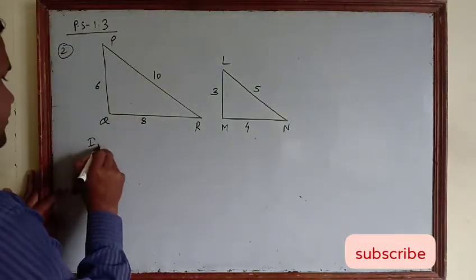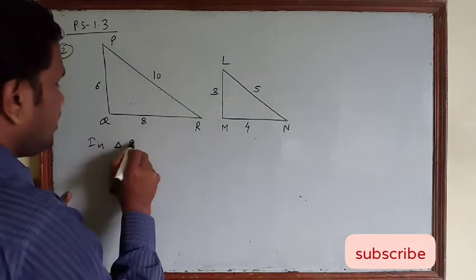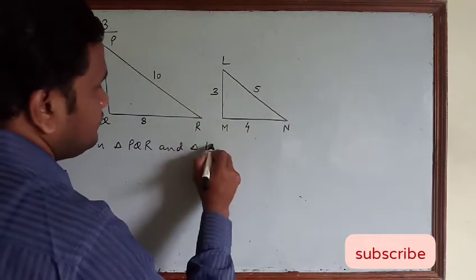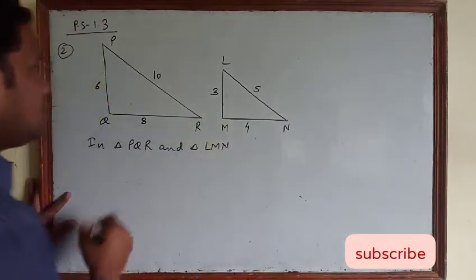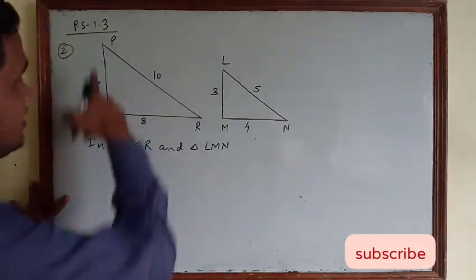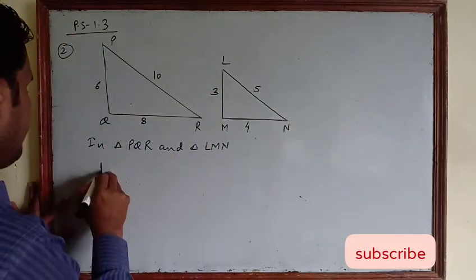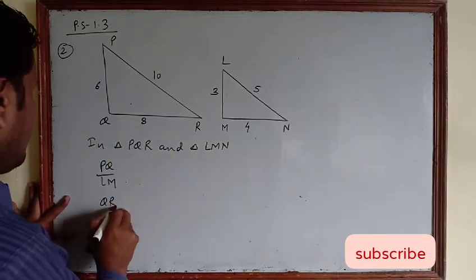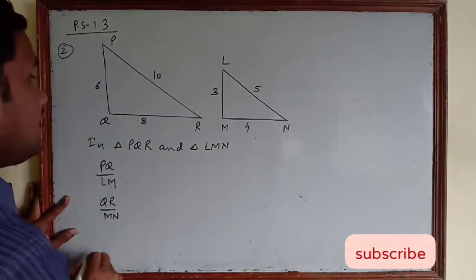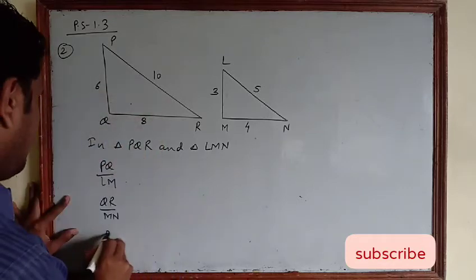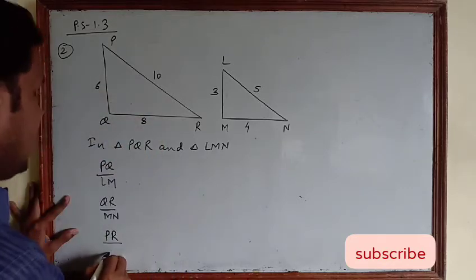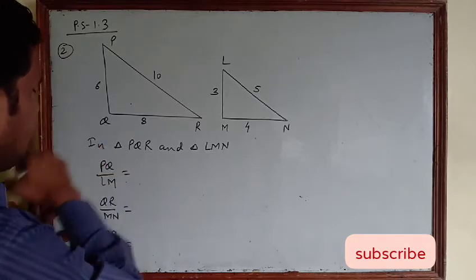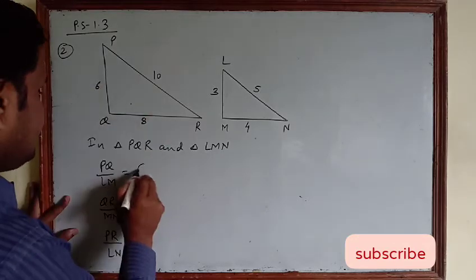In triangle PQR and triangle LMN, let us take the ratio of corresponding sides: PQ upon LM, QR upon MN, and PR upon LN.